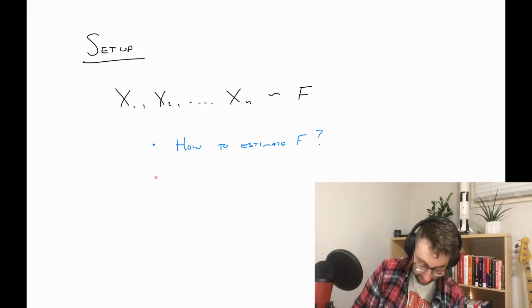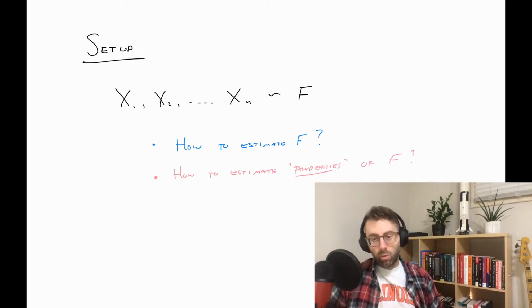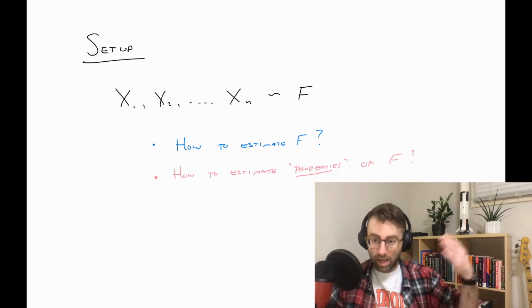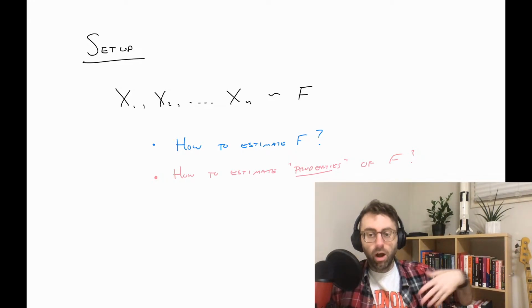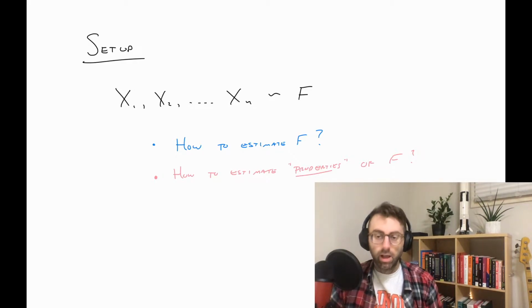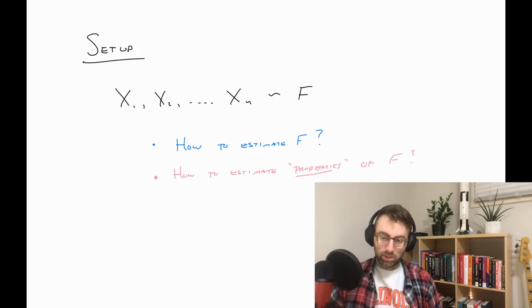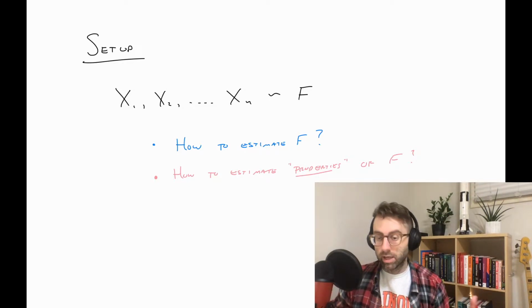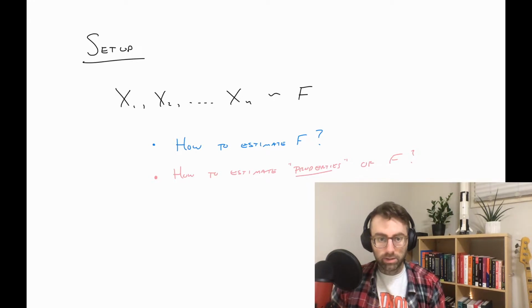The other question we're going to answer is how to estimate what I'm going to call properties of that distribution f. While in this video we're going to focus mostly on estimating that distribution, oftentimes we're interested in more specific features or properties of that distribution, like say a mean or a variance. But that's a follow-up question to the larger question, which is, how do we actually estimate f? So let's jump into it.